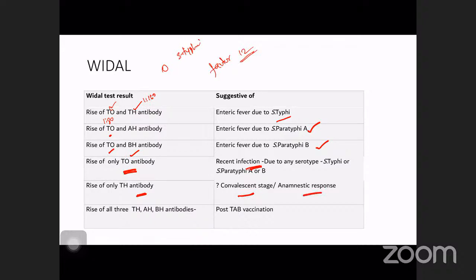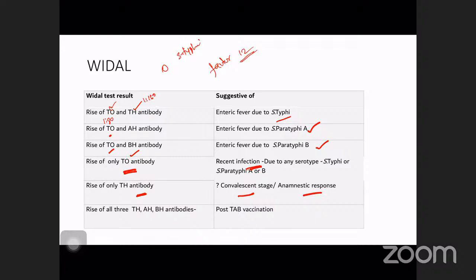So what do you mean by an anamnestic response? The patient is actually having an unrelated fever. It can be a viral fever, dengue viral fever, or malarial fever, or any other bacterial illness, and the patient had previously had some typhoid-like illness.